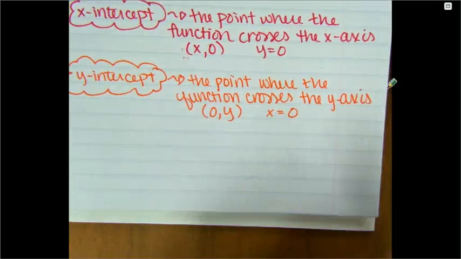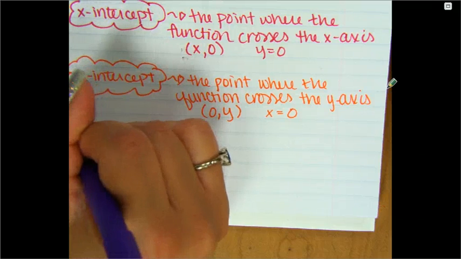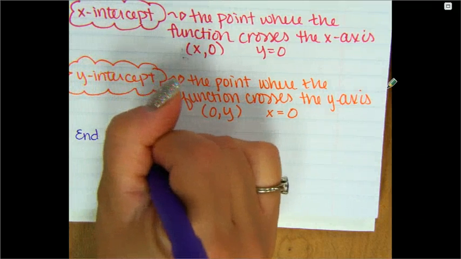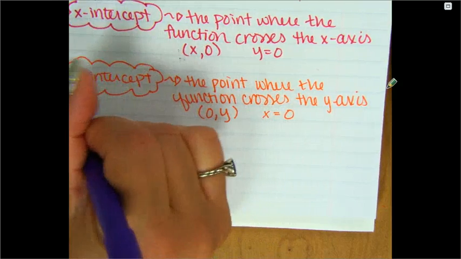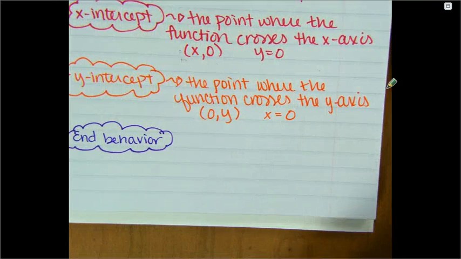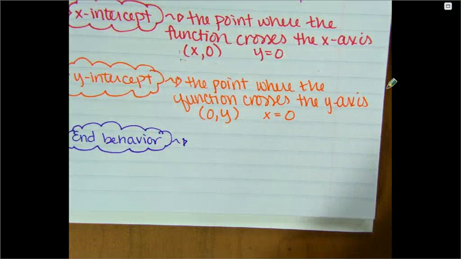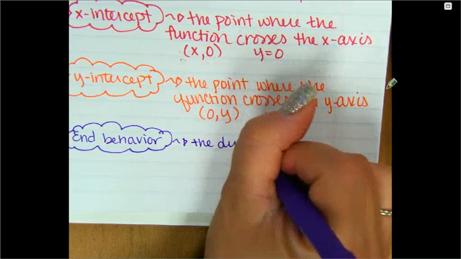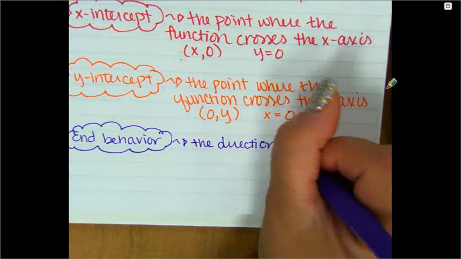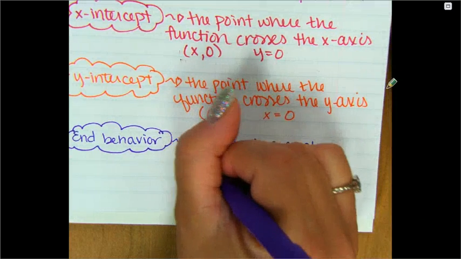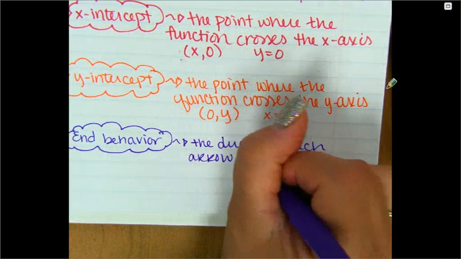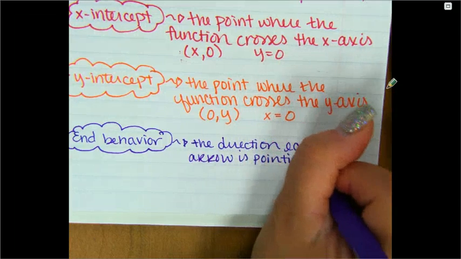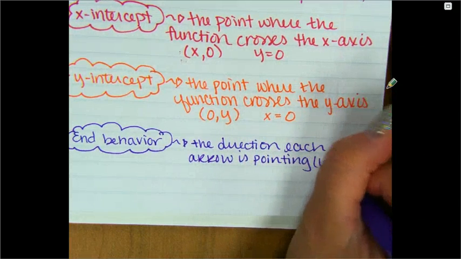Let's talk about end behavior. End behavior is the direction each arrow is pointing, left to right.